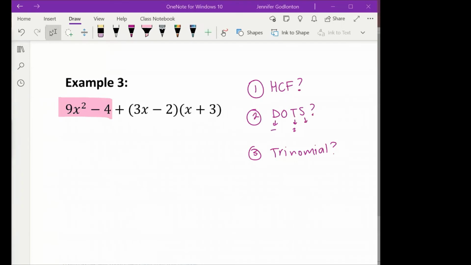Come back and say at some point there would be 3 brackets, but our final answer will only have 2. I don't know if that helps, but I hope it helps.